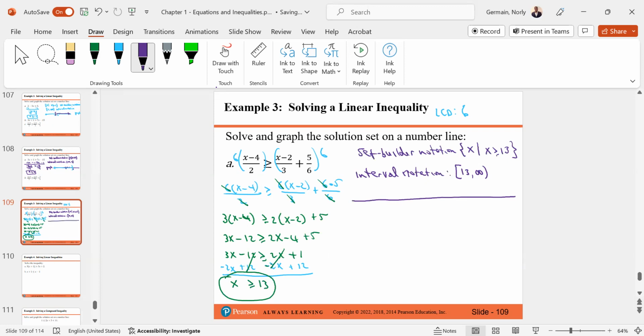That's the graph. If we have 0 here, 1, 2, 3, 4, 5, 6, 7, 8, 9, 10, 11, 12, 13, we said 13 to infinity. So how are we gonna do 13 to infinity? This is it. It's a bracket because it says greater than or equal to, and it's gonna go this way.